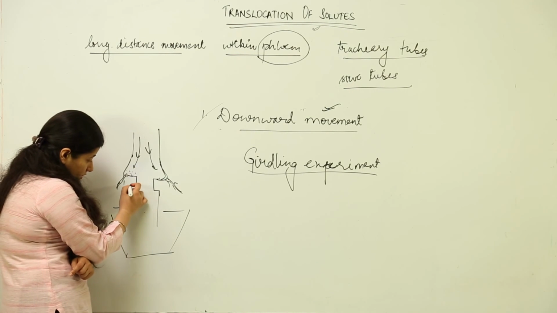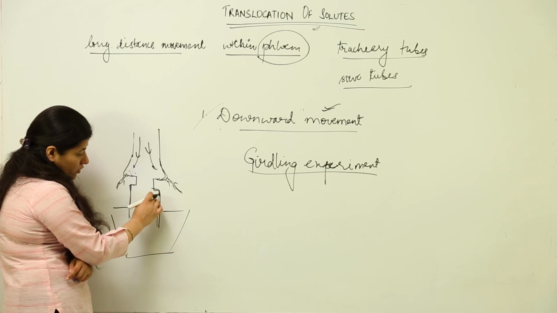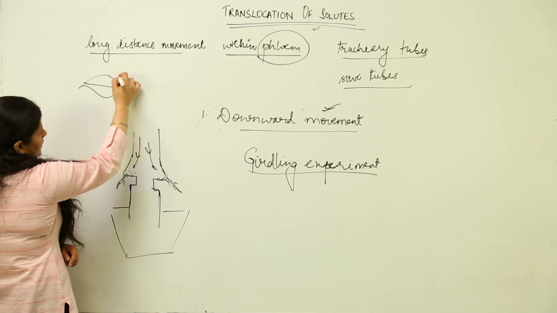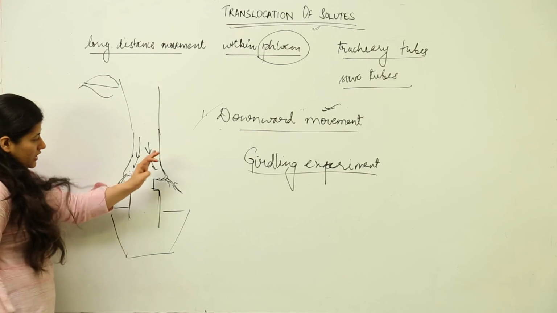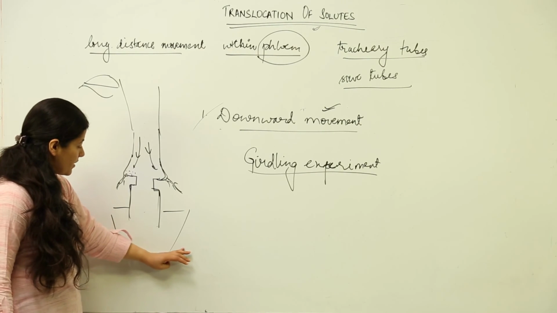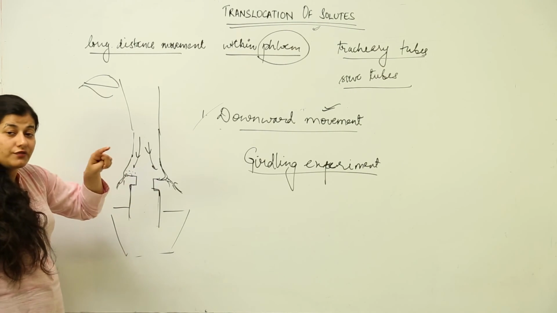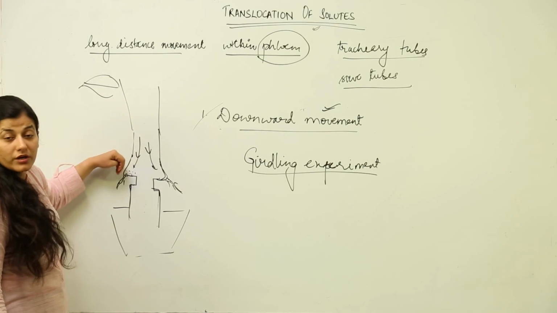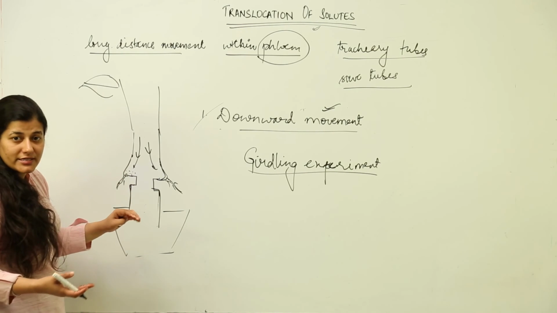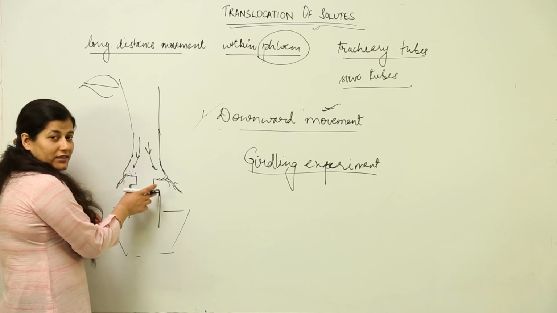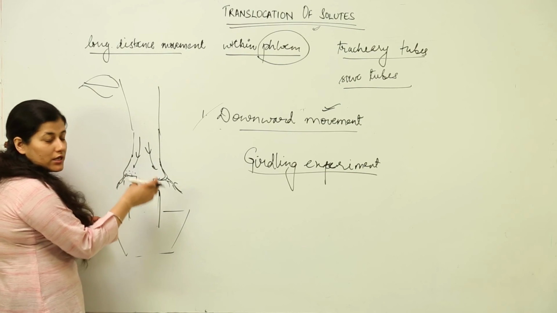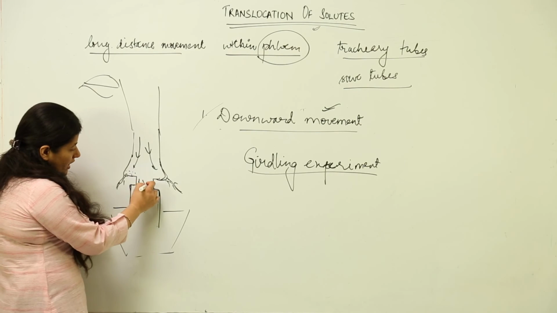Later on, this lower part deteriorates because it is devoid of whatever food material is being formed in the leaves. So this girdling experiment or the ring experiment demonstrates that it is the phloem which is responsible for downward movement of the solutes within the plant. Now how was it established? Certainly we cut that part of the stem which included the phloem, not the rest. Xylem was present. Over here we have xylem.